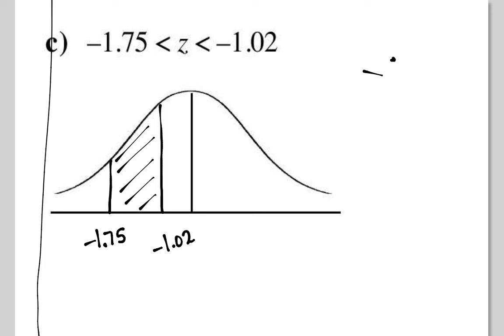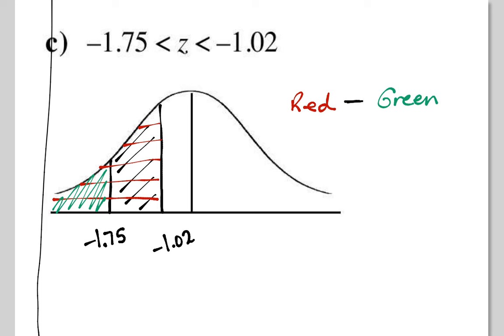Now to get it, you'll have to find the red, and then what do you have to subtract? Another color I'll use is green. What do you do with these two? You have to minus them.